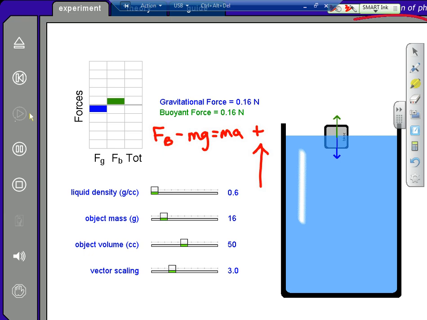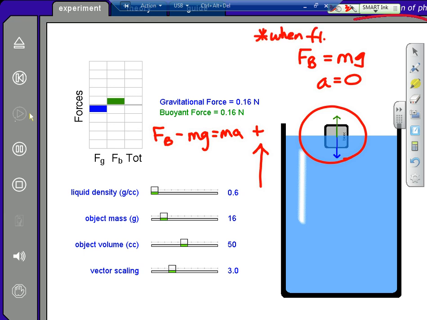But once it's floating, notice it's not moving anymore. a is equal to 0. So when a is equal to 0, when it's floating, F_B will automatically equal mg. So I'll put a little star there: when floating.